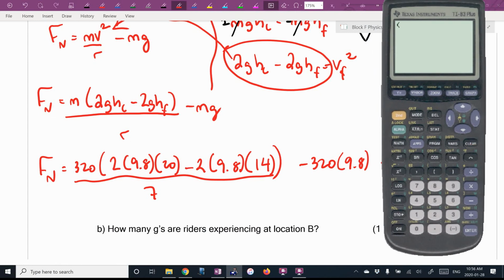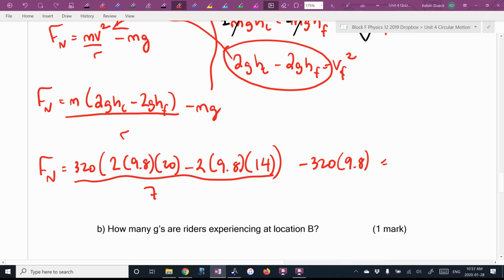This is a fraction bracket. 320, another bracket. 2 times 9.8 times 20, take away 2 times 9.8 times 14. Close off that inner bracket, close off the top, divided by 7, and then minus 320 times 9.8. I think that's right. Y'all get 2,240? It is right, pretty sure.